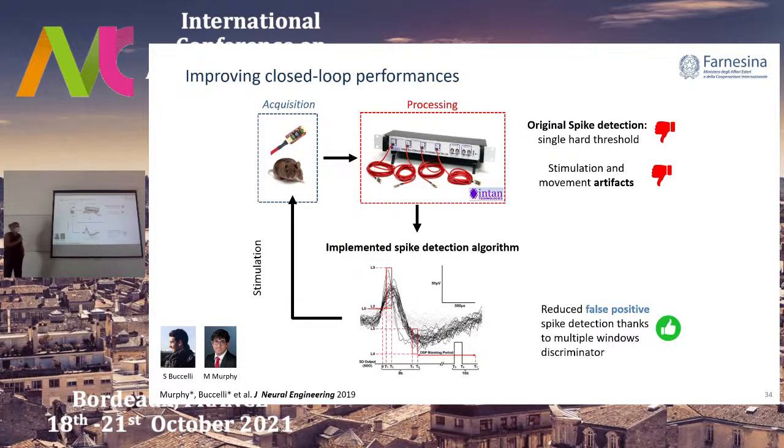And this is done by performing a set of checks and controls and comparisons on different features of the spikes and comparing to some threshold values. So this is a technological improvement that also allows experiments to be more reliable from the point of view of identification of the spikes during the closed-loop stimulation.